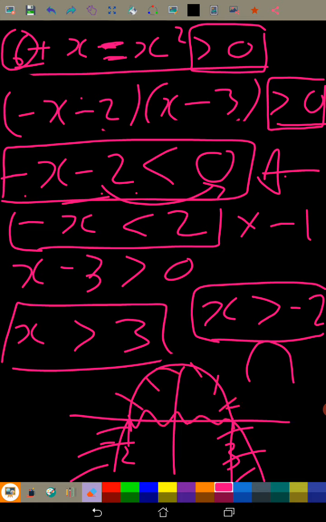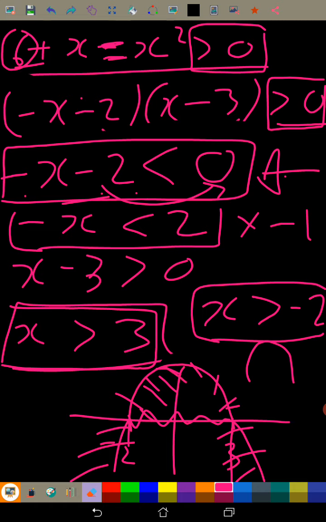Okay, so how do we write the boundaries for this inequality? It's going to be x greater than minus 2, because if x is greater than minus 2, that's this.